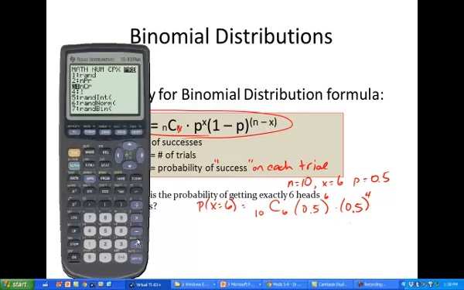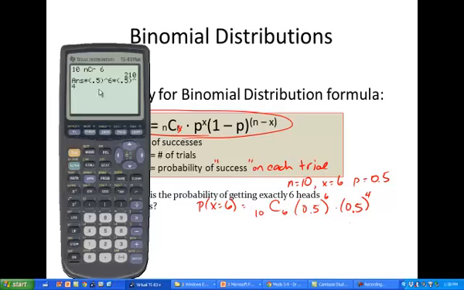There's the combinations, taken 6 at a time. Okay, 210. So there are 210 ways to get 6 heads out of 10 tosses. Then I need to multiply that by 0.5 to the 6th and 0.5 to the 4th.